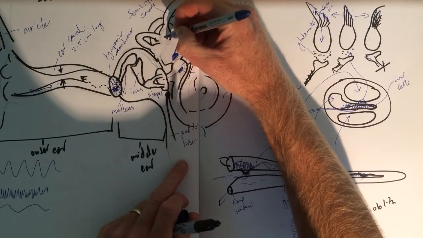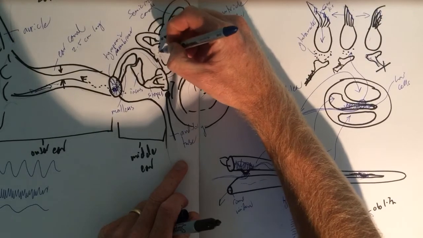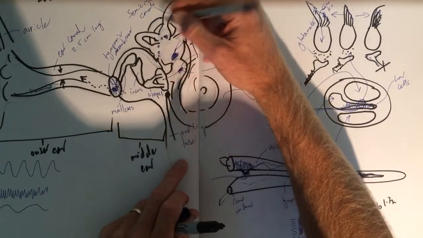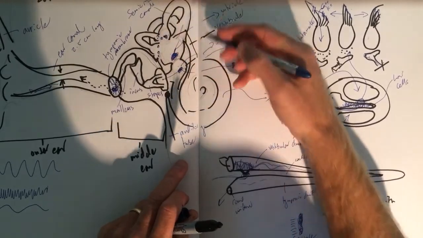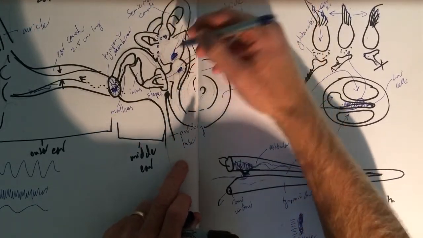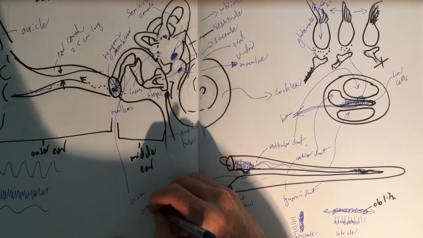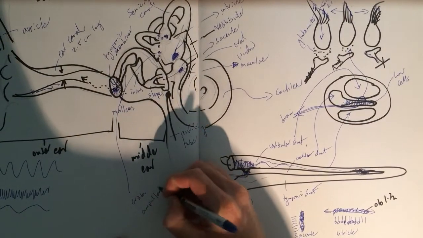Now we have similar structures in the base of the semicircular canals. These are called crista ampullaris. These are bundles of hair cells in the bases of the semicircular canals, and I'll draw it down here, crista ampullaris.